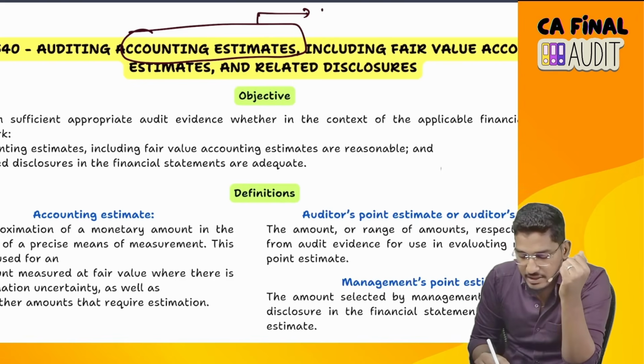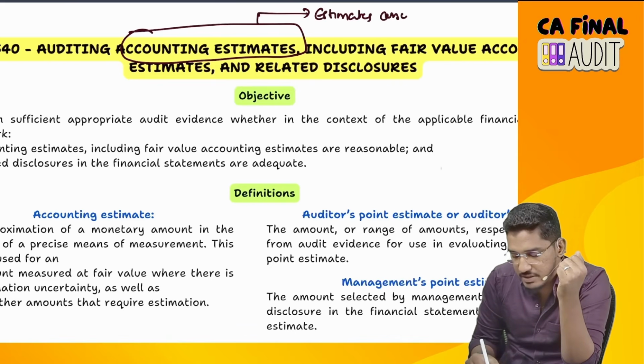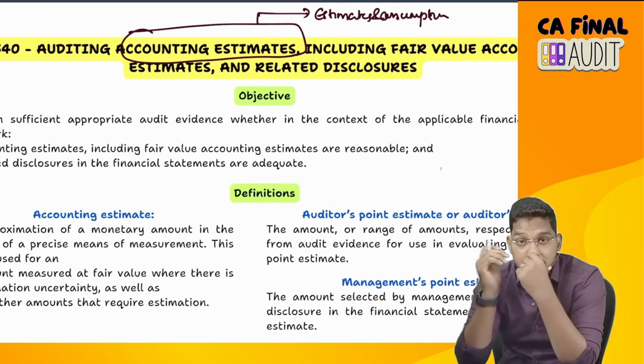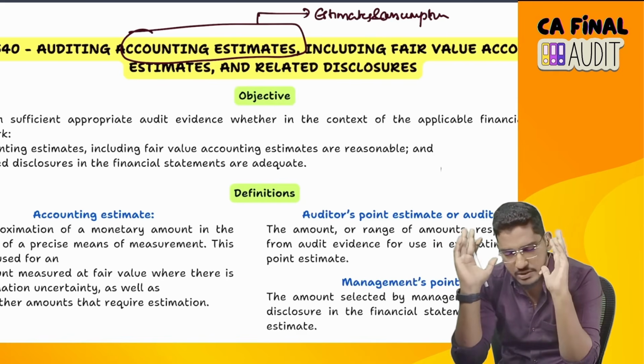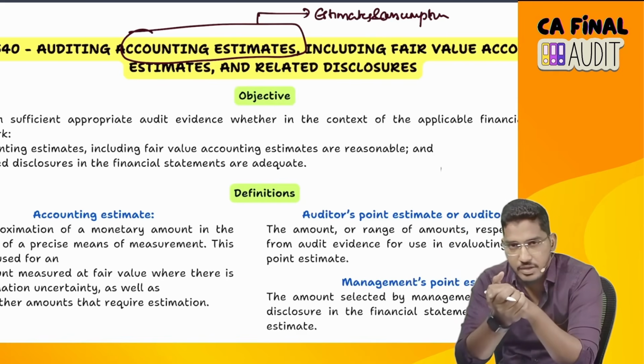There they need to take the help of estimates and assumptions. There will be various areas where management will be required to make assumptions, where they have to take subjective decisions, without which preparation of financial statements will not be possible.